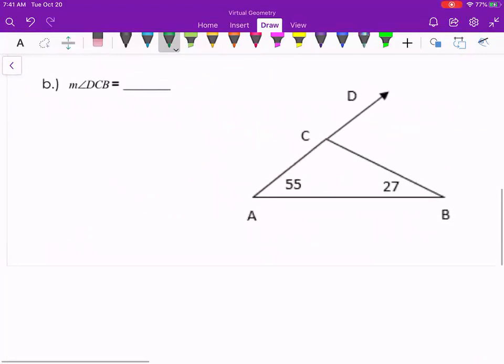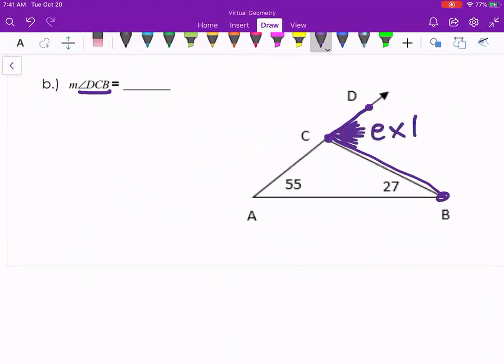All right, now let's try a different kind of example. We are looking for the measure of angle DCB. So that means we start at D, move to C, and then out to B. So it's the exterior this time that we're trying to find. So again, our theorem says, add up the two remote interiors.